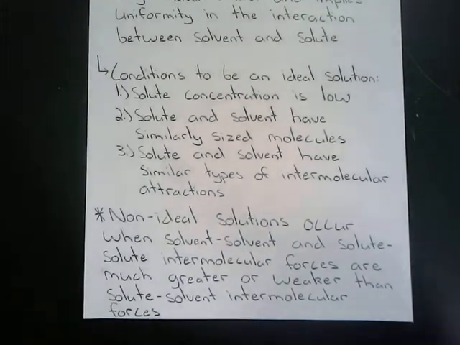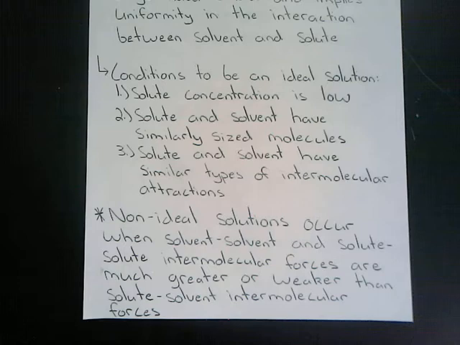So again, the easiest way to think about this statement is that if these attractions are way off from each other, the solution itself is not going to obey that idealness that we just talked about. The more you deviate from an ideal solution, the less that Raoult's law can be applied.